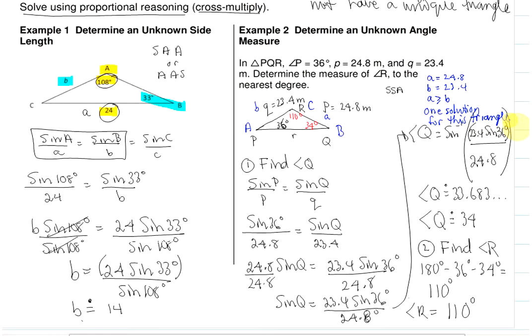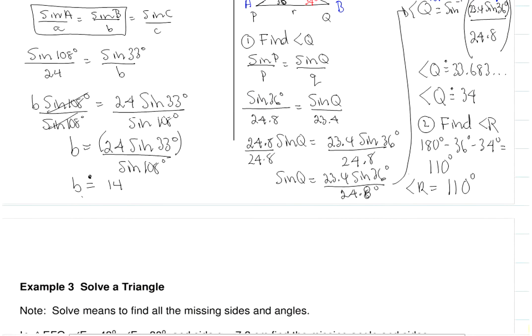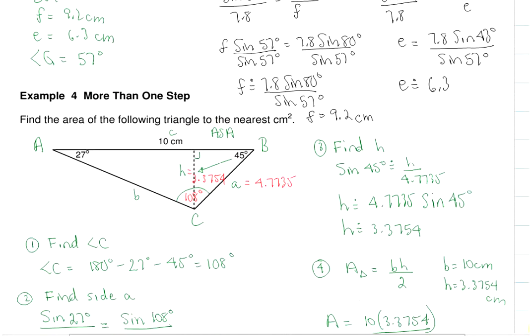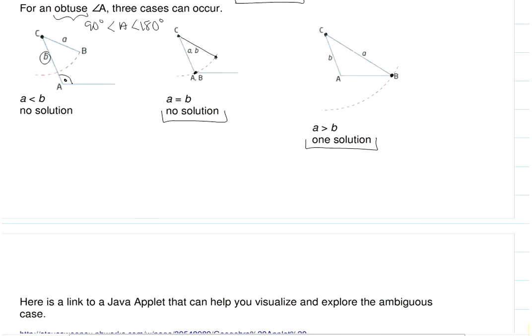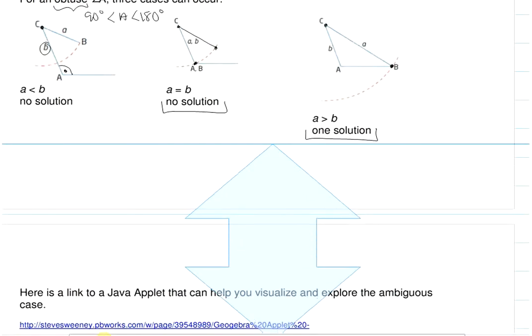Okay, so I'm going to ask you to take out a separate sheet of paper, and I'm just going to add some notes in under here. Okay, and what I'd like to do is compare or just make some observations about a triangle that is an ambiguous case where you come up with two solutions.